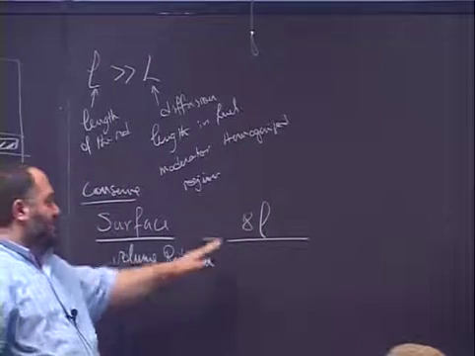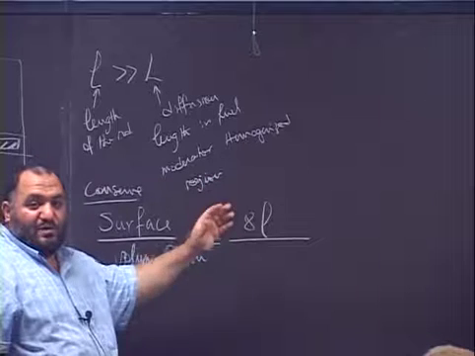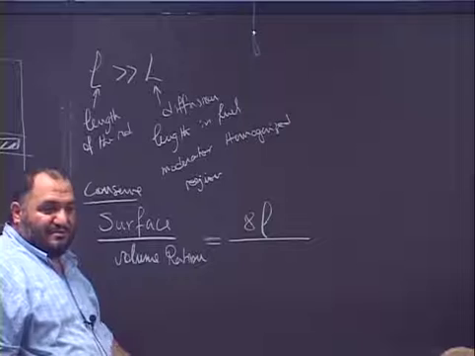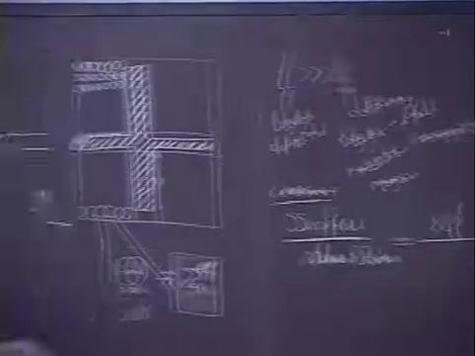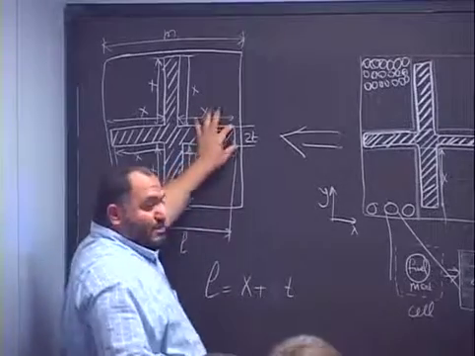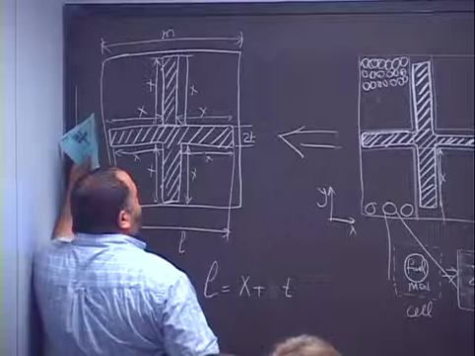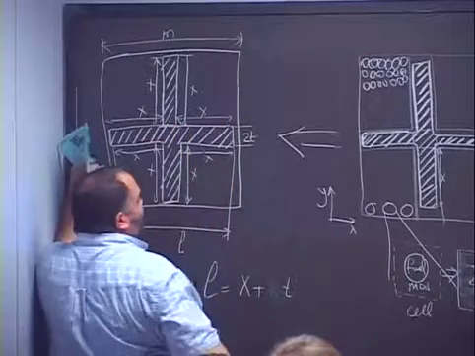The book just writes the final form. I'm just giving you where we obtain this. Yes? How is L X plus t? Would that be 2L? Okay, this is 2t. Yeah. So x plus 2t plus x is 2x plus 2t.